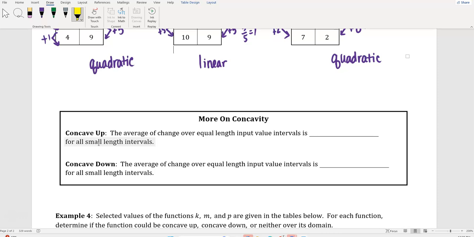Whenever we think about something that is concave up, I'm just going to draw, oh wait, let me get a pen. Like this graph right here is concave up, right?